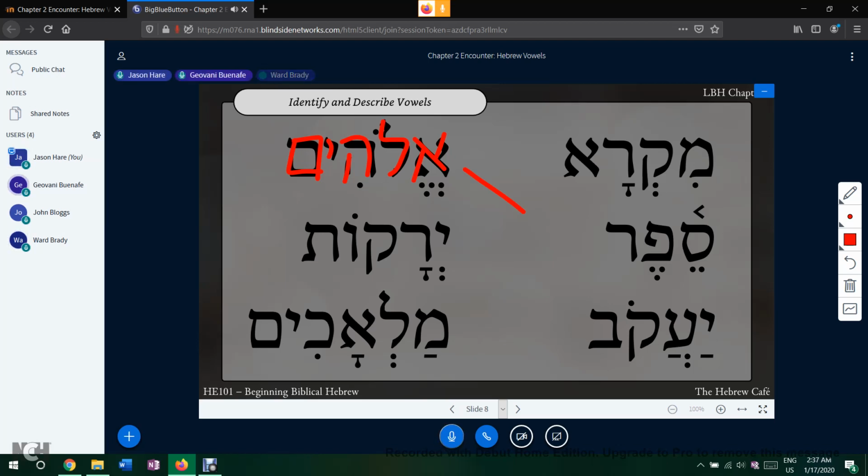And you have the reduced E. And then you have the O in the Lamed. So we've got Aleph, reduced E, L, O, and the O is long, right? It's Cholam, it's long. And so Elohim. Hey is the next, and the I, Elohim.